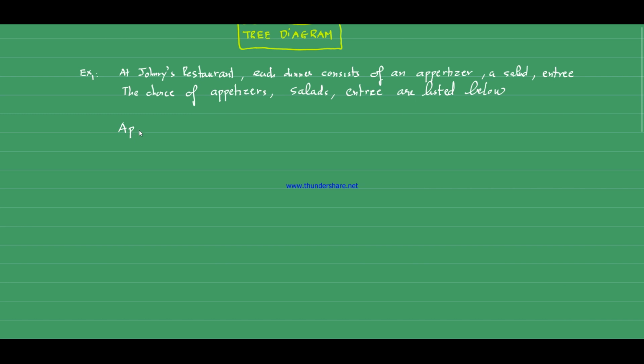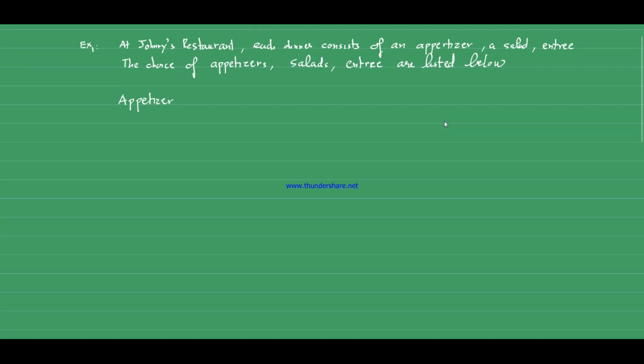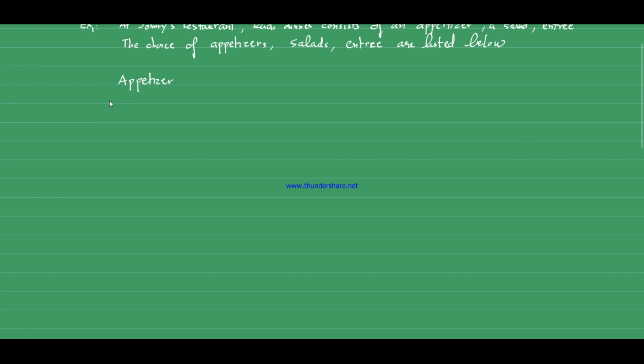For the appetizer, we have two different appetizers. We have bruschetta, I don't know how to pronounce this appetizer, and then we have antipasto. It looks like it's Italian food.